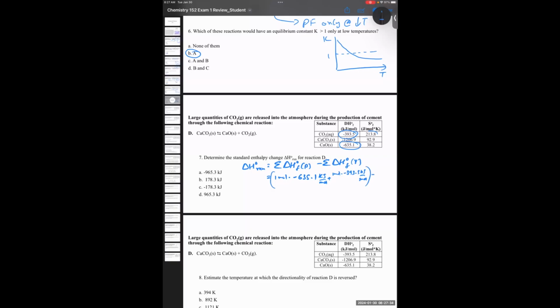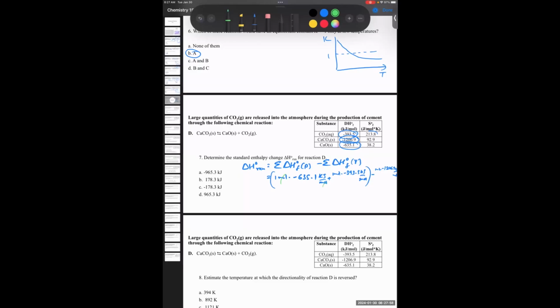Okay, these are my products sum. From this, we need to subtract the reactant, which is calcium carbonate, 1 mole multiplied by minus 1206.9 kilojoules per mole.